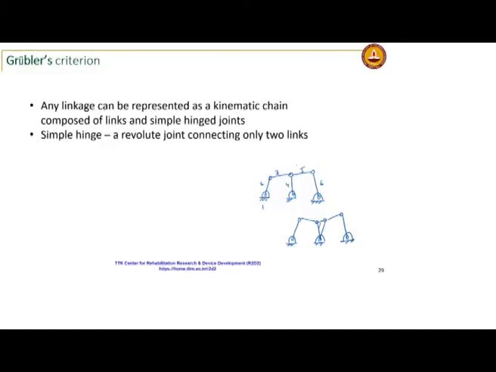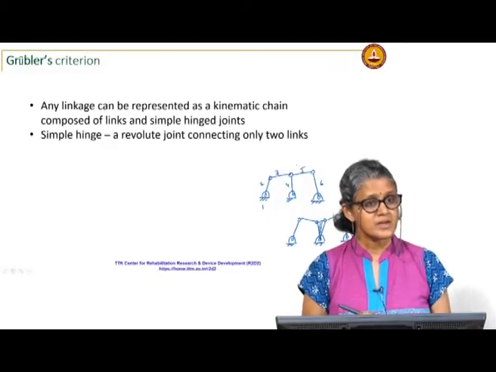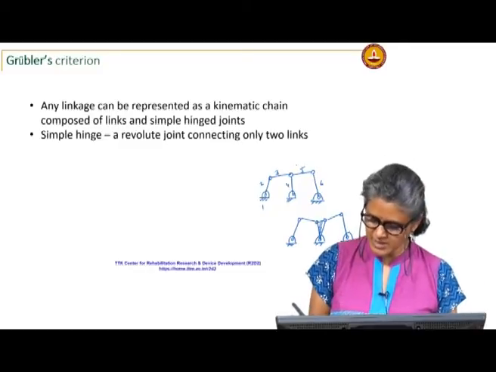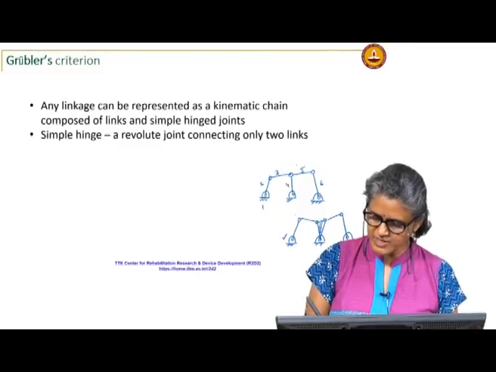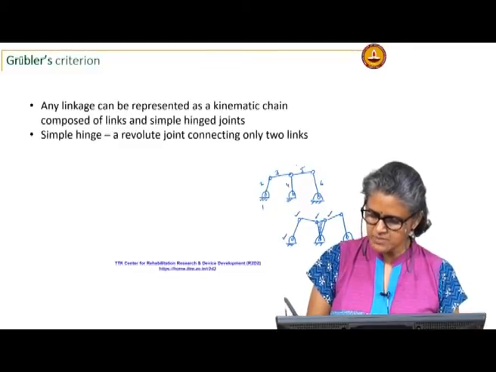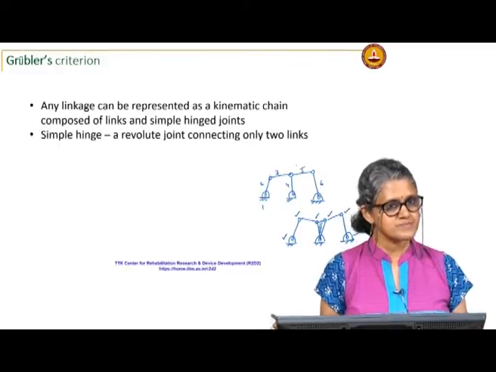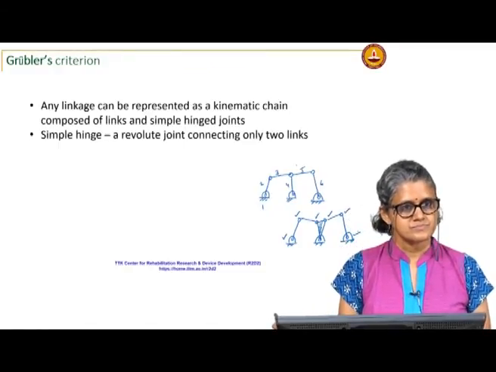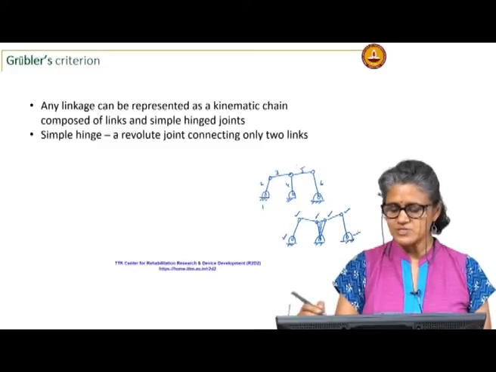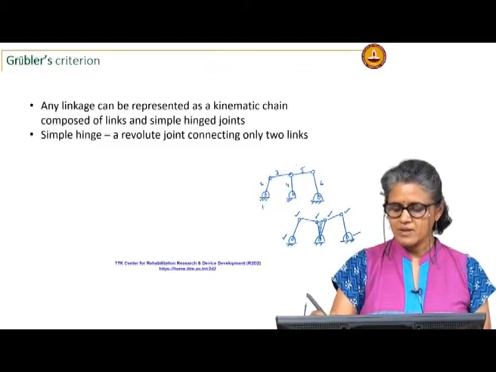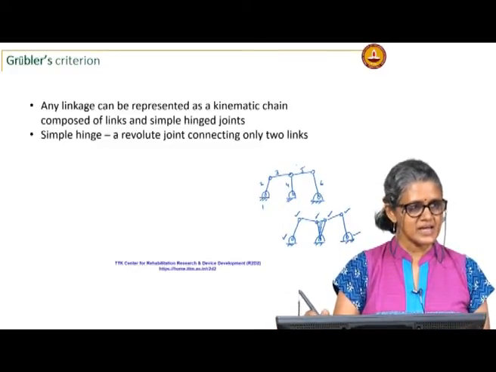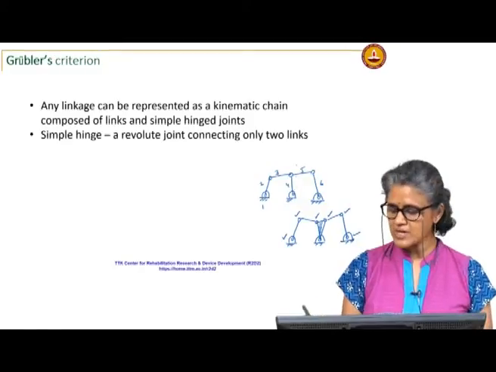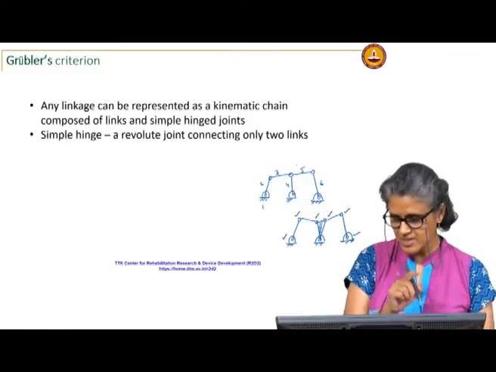I would convert one of these 3 binary links into a ternary link, so that I have only simple hinge joints.